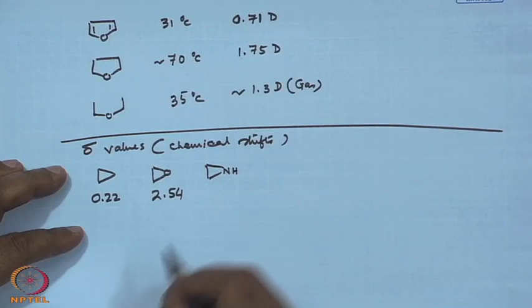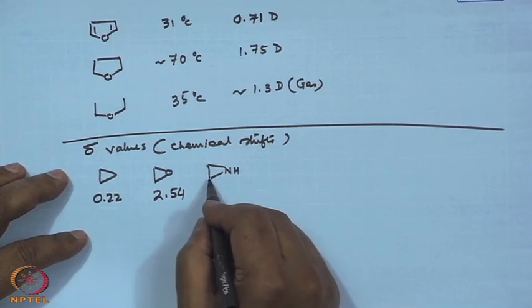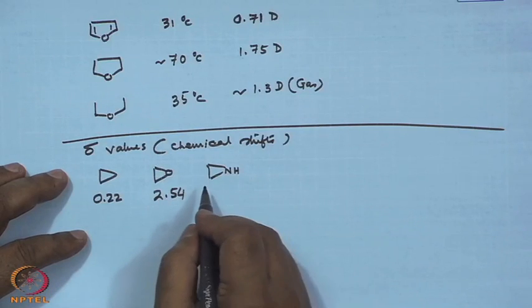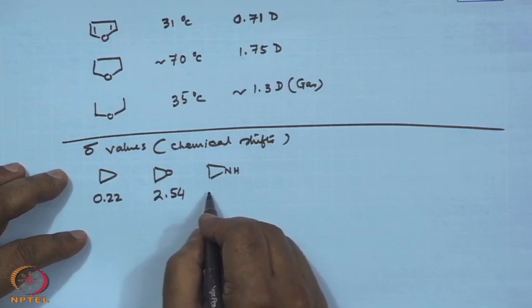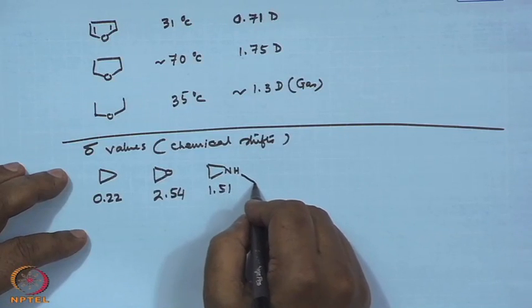Likewise, if you have, let us say, aziridine, one would expect the CH2 to appear between cyclopropane and this, because nitrogen is less electronegative than oxygen, and it is 1.51. But what about the NH?